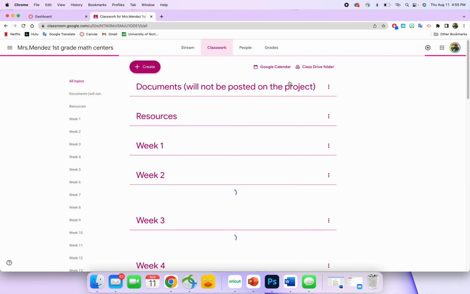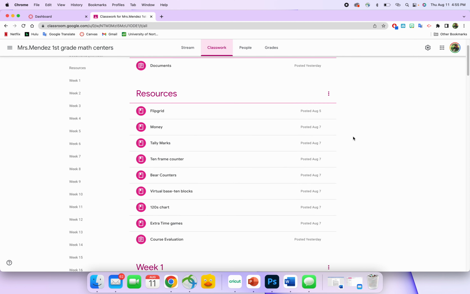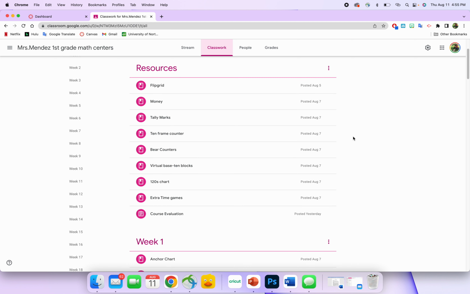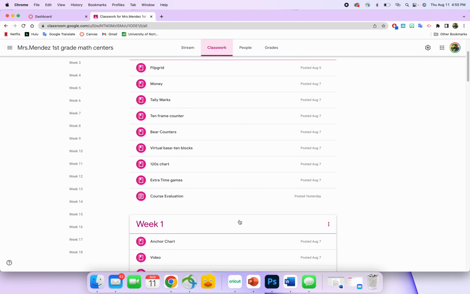In classwork, I have created multiple subtopics, one being the documents that will not be included when it's presented to the students. And then theirs will start at resources. Under resources, we have included Flipgrid, virtual manipulatives, 100s chart, and extra games to be able to differentiate for those early finishers, and a final course evaluation as well.